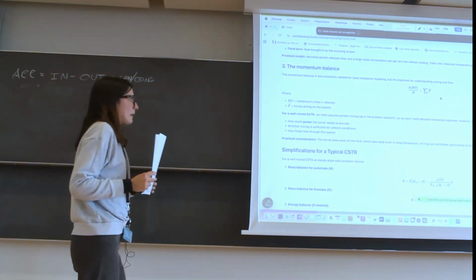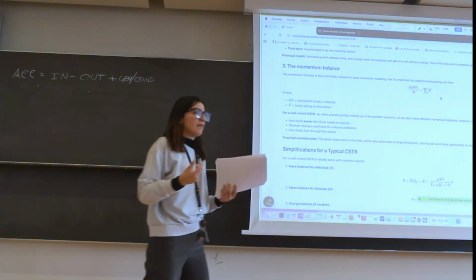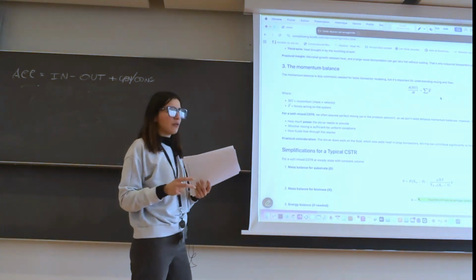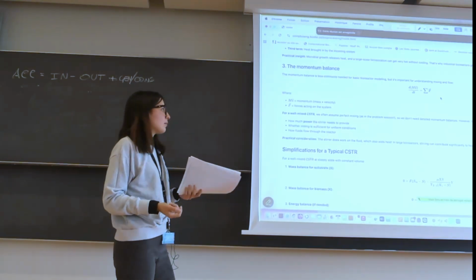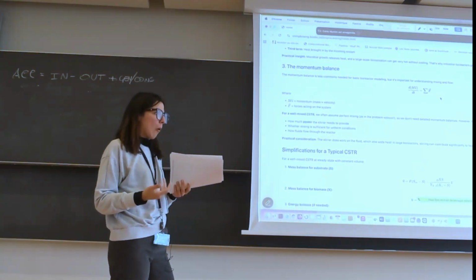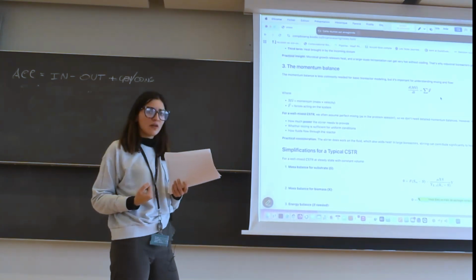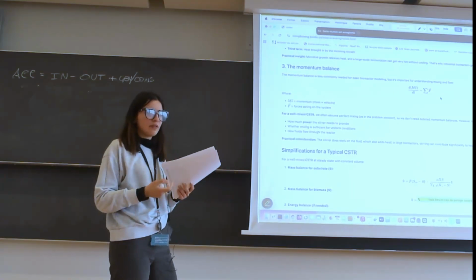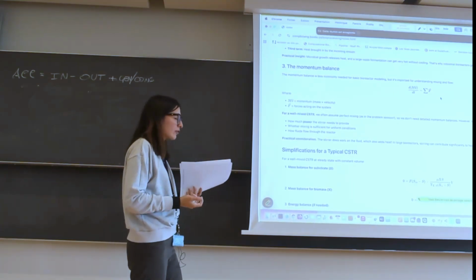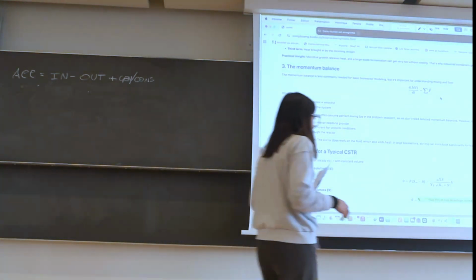For example, in this part, we can have some information about the force that pushes the fluid to flow, but also the force that obstructs the fluid from flowing, as for example the viscosity of the fluid. Okay.